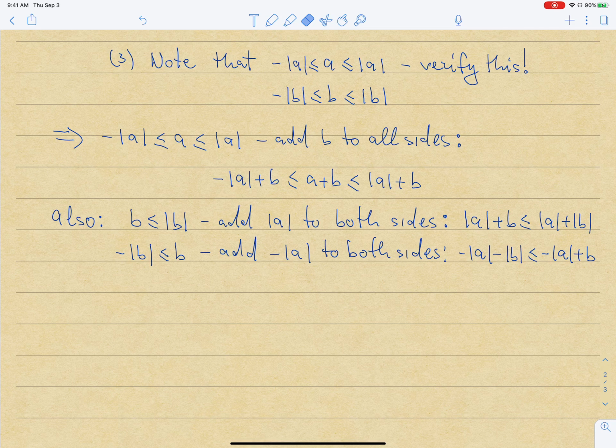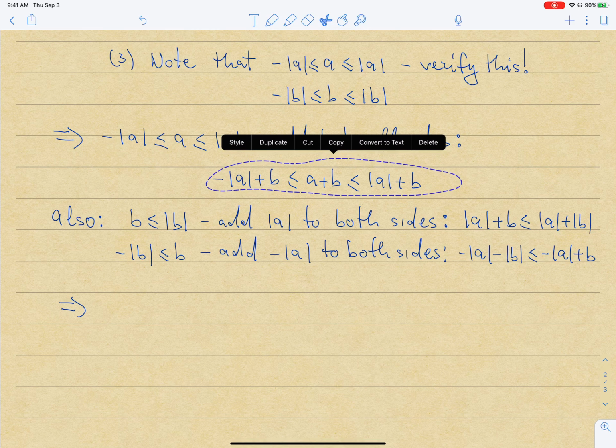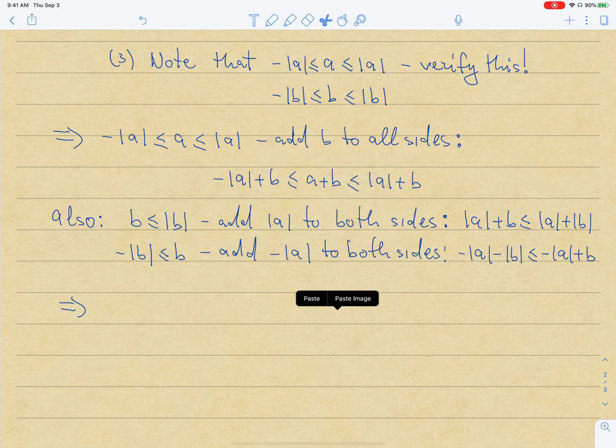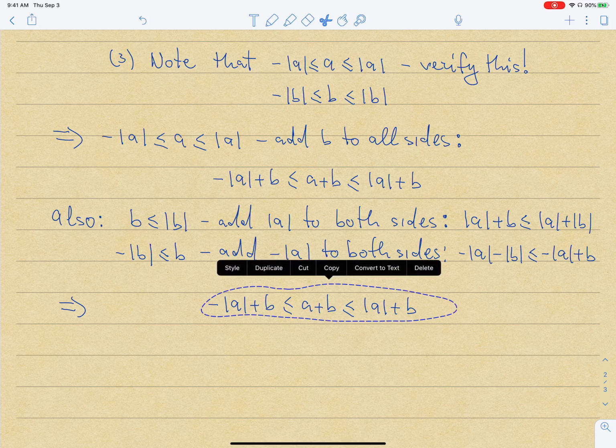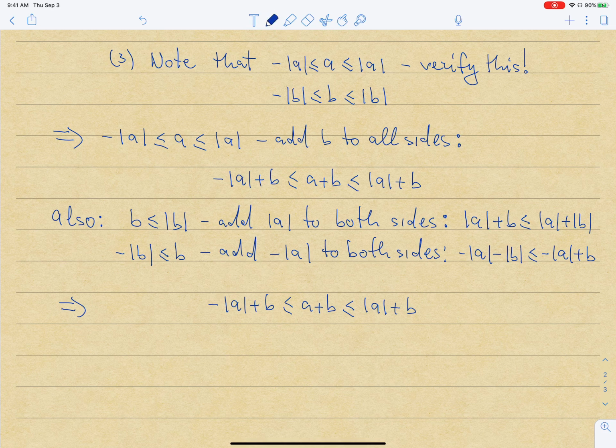So then we can try to combine different inequalities here. So I'm going to rewrite this guy. But now I know something else.